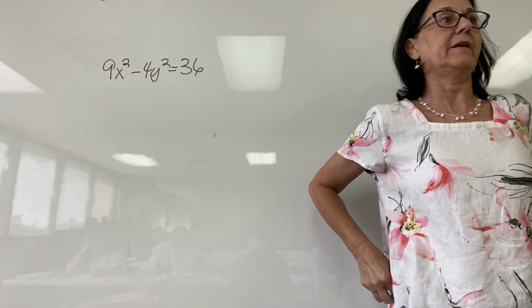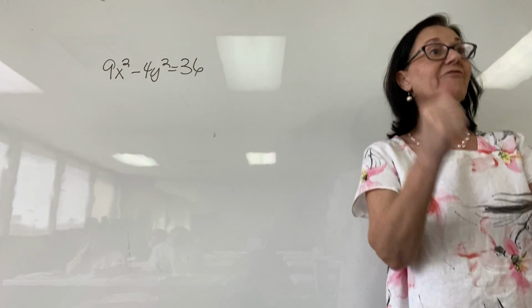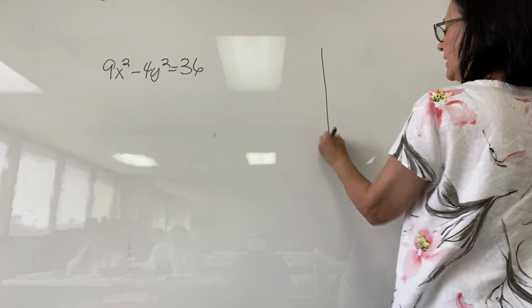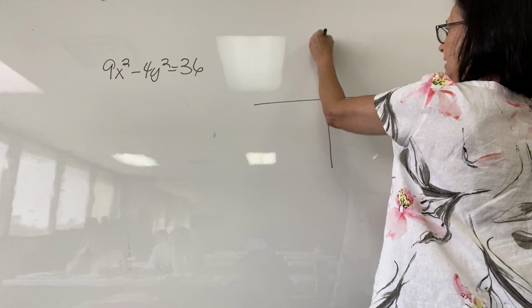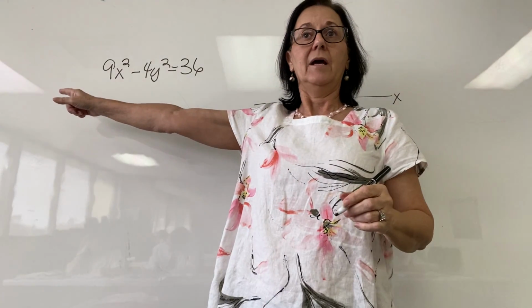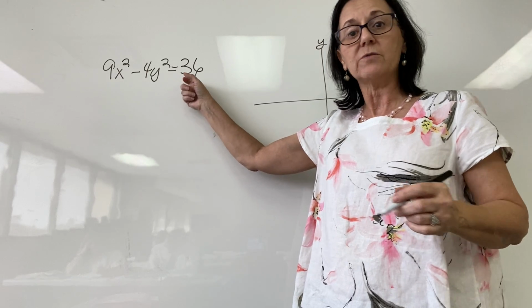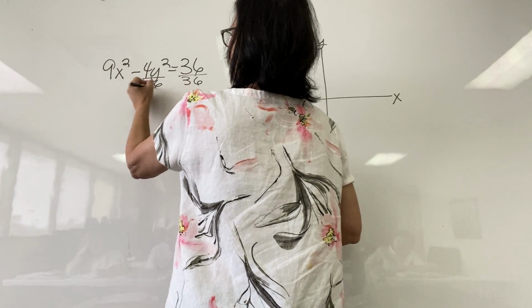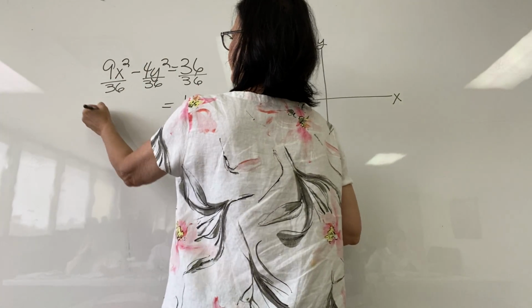Which one is it going to be? The x, because it's first. So already I know that I'm graphing A on the x-axis because it's the first term. But the hyperbola is set equal to 1, so I start by dividing every term by the 36 to set it equal to 1.